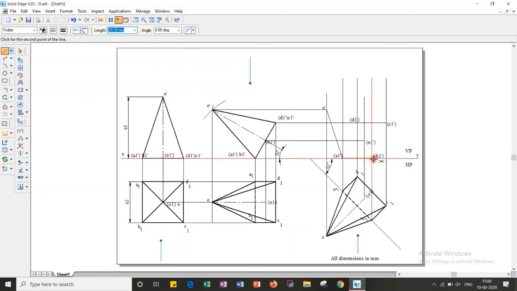Next outermost point is B1. Next outermost point is C1. And if you consider this D1 point, this is not outermost point. D1 lies inside, so I am not concentrating on D1 right now. I am considering only outermost point, so I will connect C1 to O. This line should be thick, continuous.